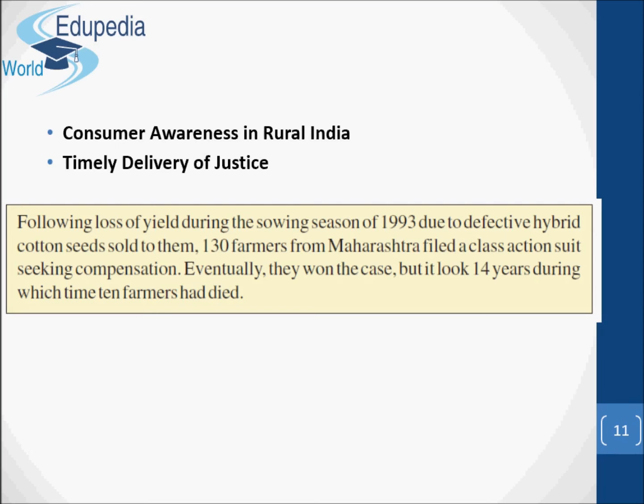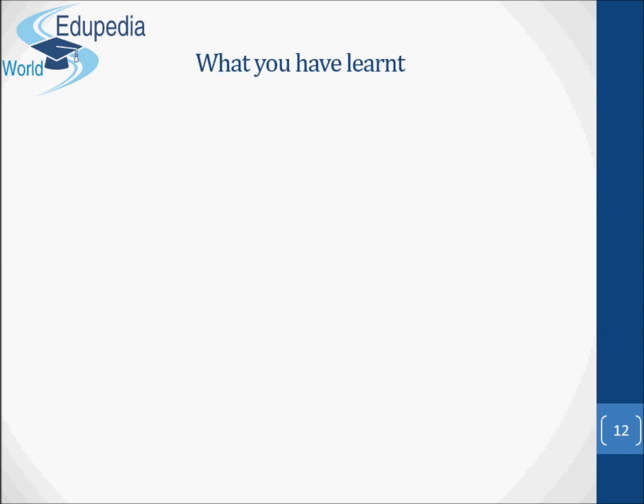The government amended the CPA in 2003 to eliminate such delays. Accordingly, consumer courts are not to give adjournments at all. In exceptional circumstances where it is given, the court has to record the reasons for it in writing and justify it. So note what you have learned.